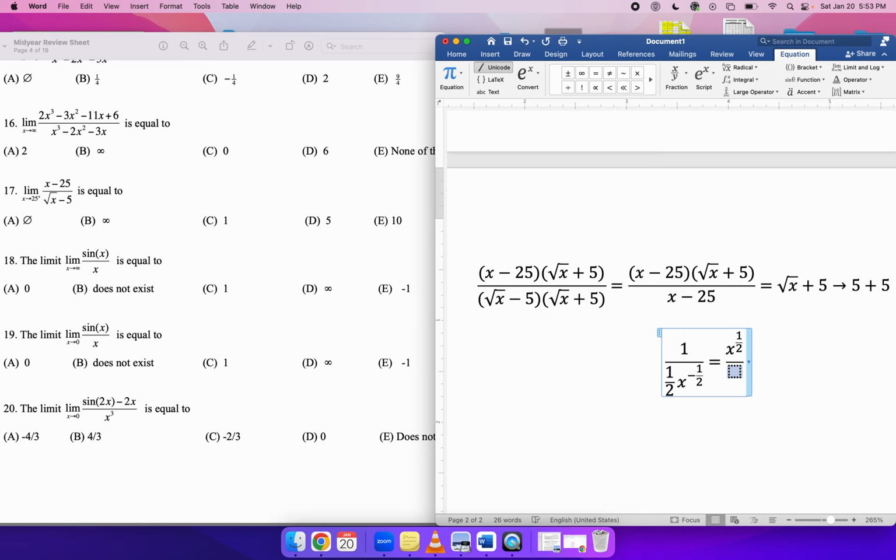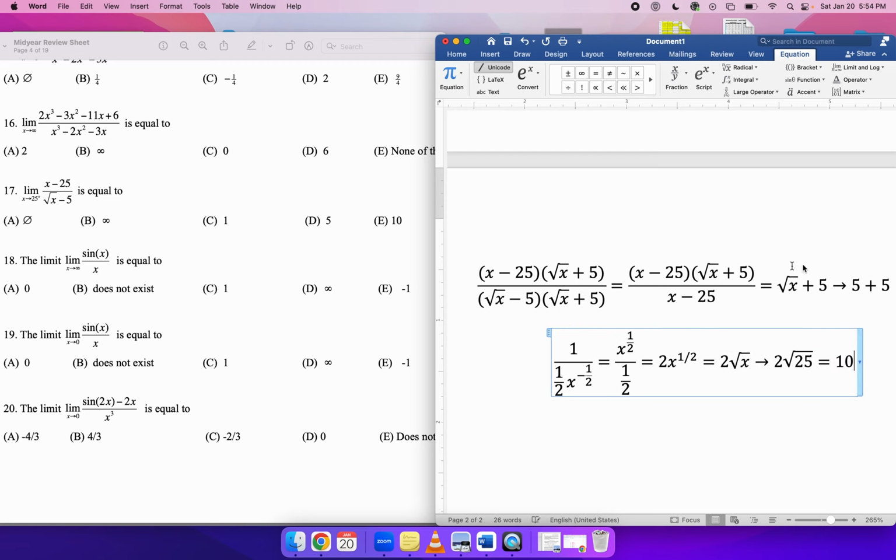And dividing by 1/2 is the same thing as multiplying by 2. So it would be 2x to the 1/2, which is 2 root x. Now if I plug 25 into that, I get 2 square root 25, which is 2 times 5, which is 10. Same thing.